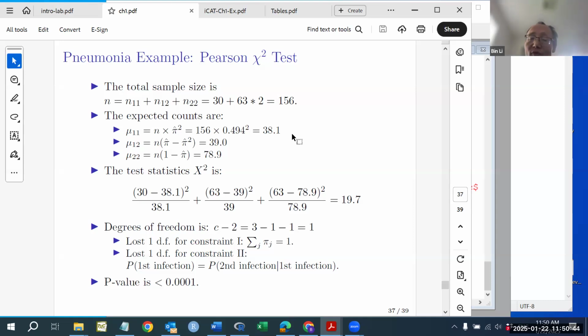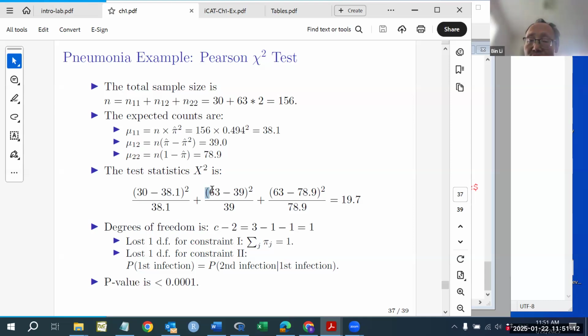And then you can think one step further. If we reject the null hypothesis, then what are the results? What is the data pointing to? Is the conditional probability of getting the second infection higher than getting the first, or lower? You can think about it, and you can see that from the data.